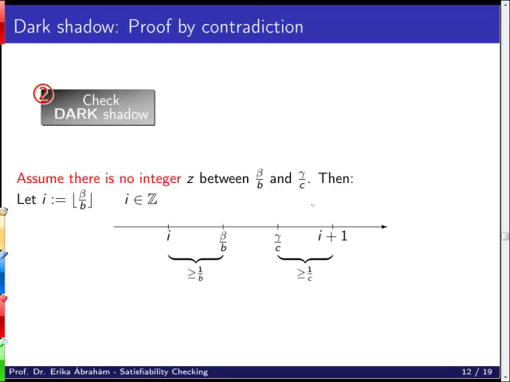And if there is no integer between them, then we know that there exists an I, such that both values lie between I and I plus 1. And furthermore, we know that this difference here is at least 1 divided by b, because if it would be less, then it would reach I, and then I would be a solution.